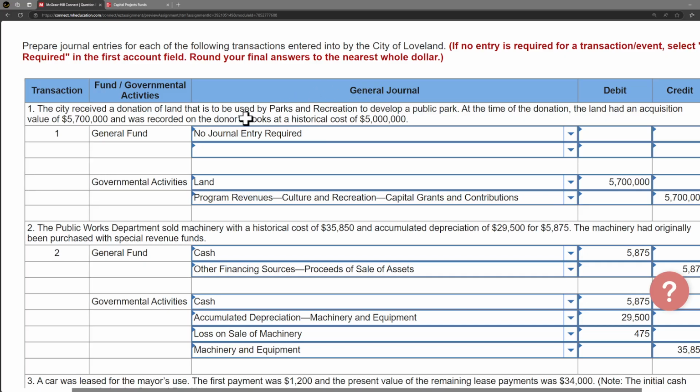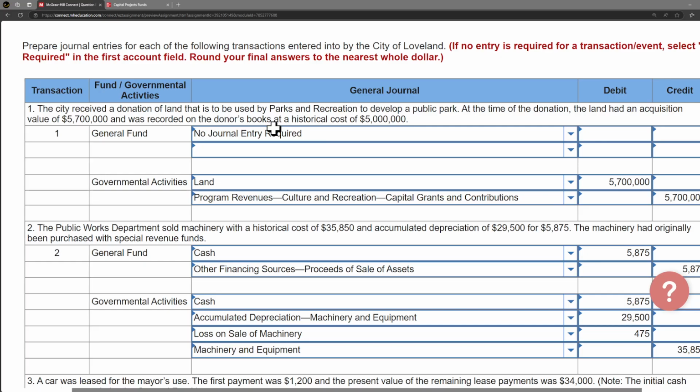The city received a donation to Parks and Rec to develop public land. At the time of the donation, the land had an acquisition value of $5.7 million, and that was recorded. Now, remember, if we buy it, it's whatever the purchase price plus all the ancillary costs to get it ready for use.